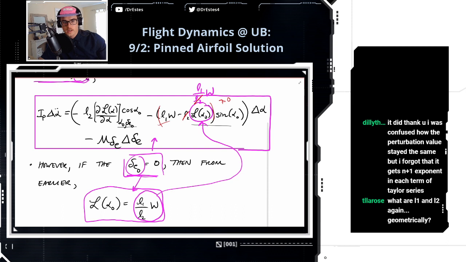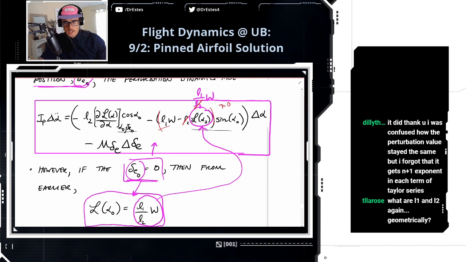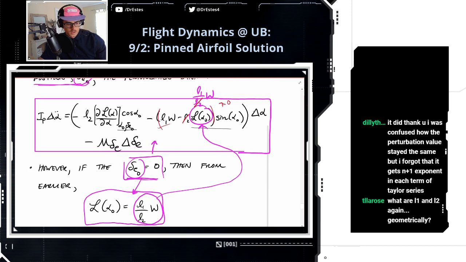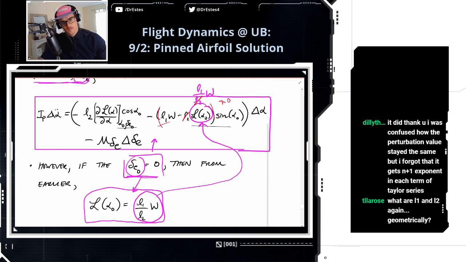What are L1 and L2 geometrically? Good question. I think L1 is the distance between the pin joint and the weight vector. And L2 was the distance between the pin joint and the center of pressure where the lift is applied.